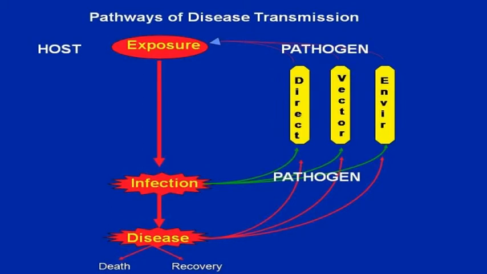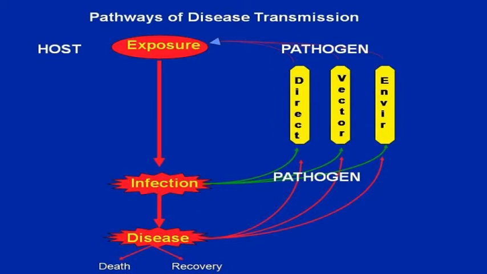Exposure moves on to the infection, and infection to the disease, then from the human body, an infected or diseased human body, the pathogen is going out through cough or through blood or whatever, in some cases.